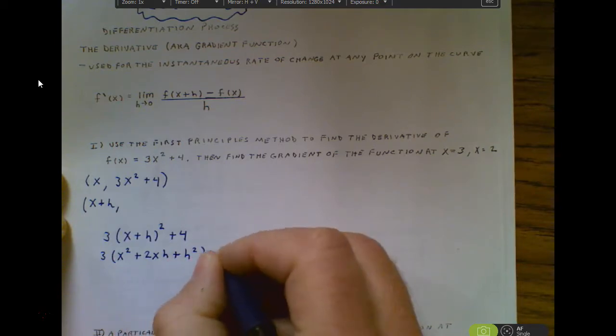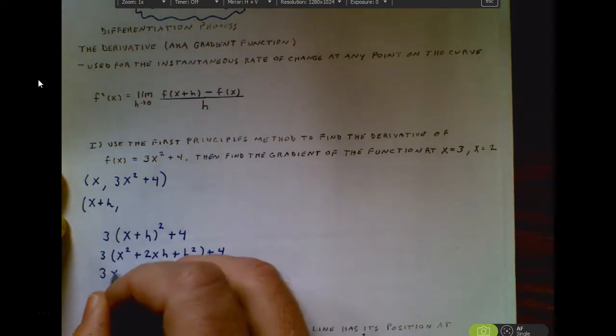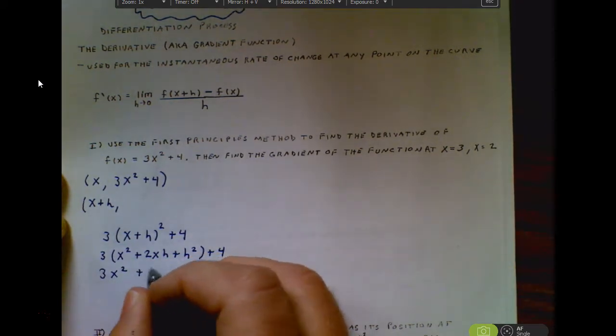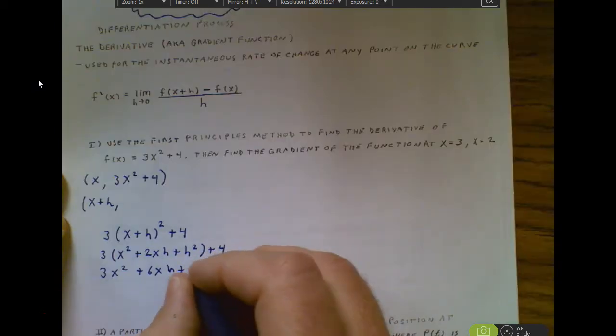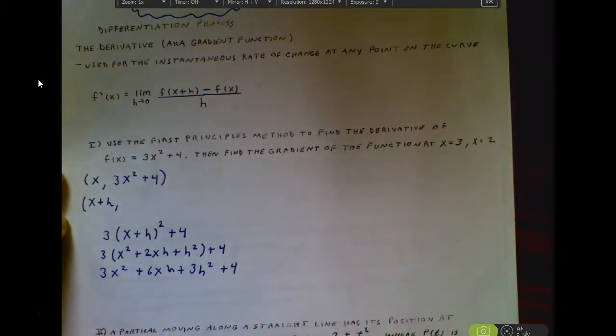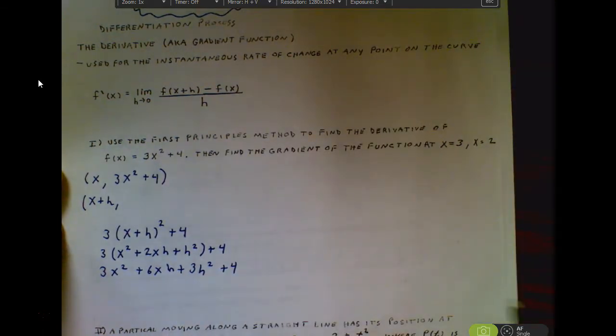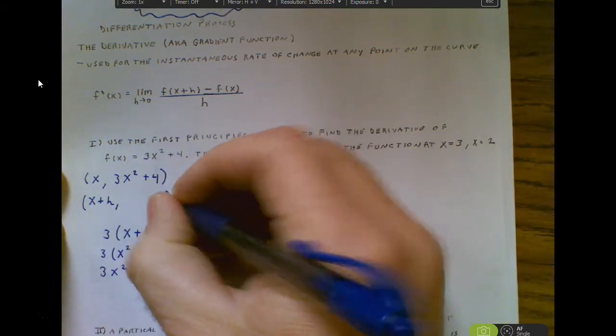Bring down my plus 4. I'm going to distribute my 3. And we get this expression right here. And it looks like nothing else will simplify in there. So that is going to be my other y-coordinate.